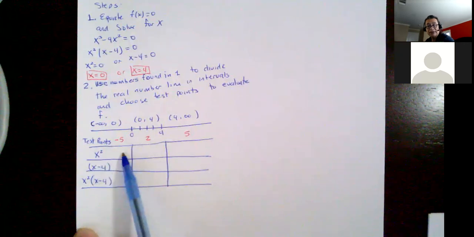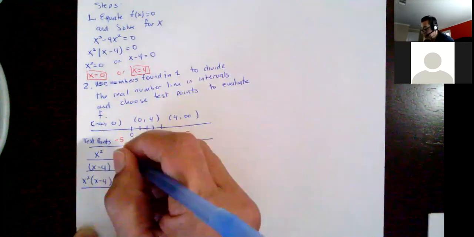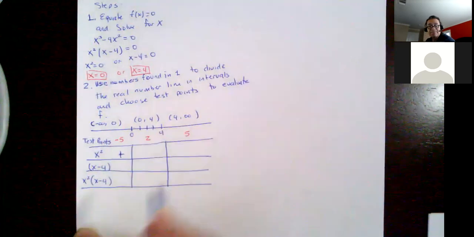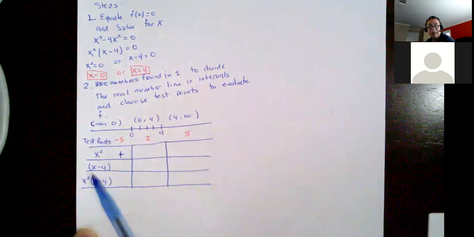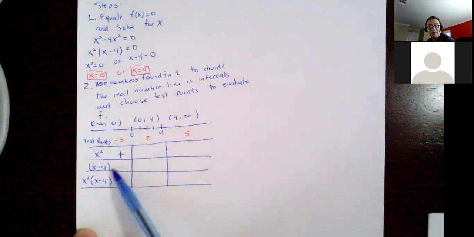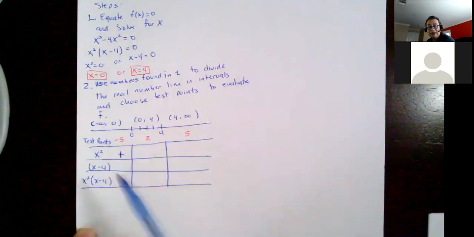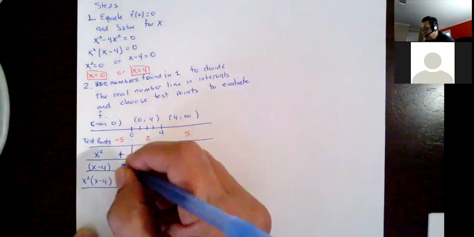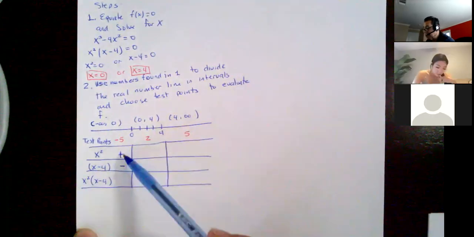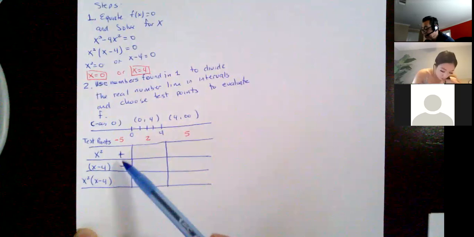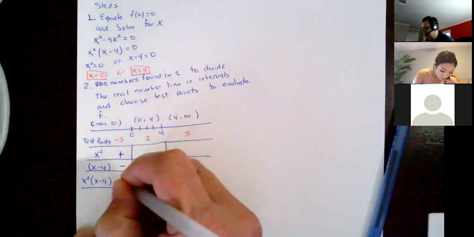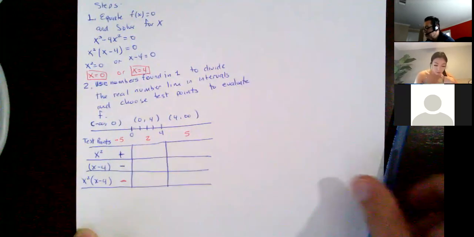Positive. If we plug in -5 into x minus 4, what would be the sign? Negative. Now we multiply both of them. A positive times a negative is a negative. Let me use a different color here. That's the sign that I'm looking for. So let's do the same.